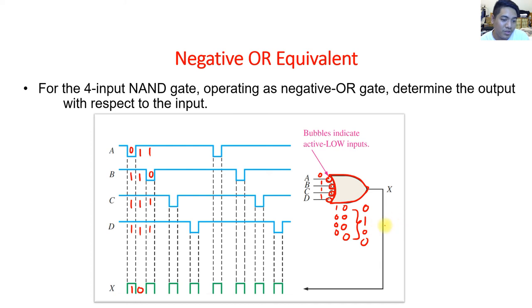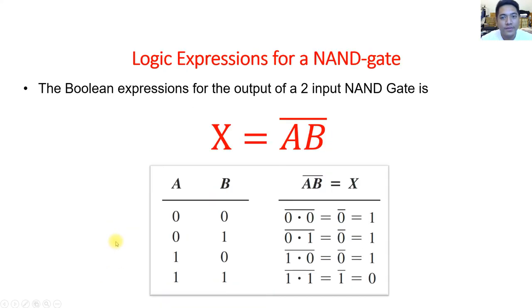At least one of the inputs is high, so if you OR it, it will still be 1. And so on and so forth, so that the NAND gate is equivalent to the negative OR gate. So these two are basically equal. So the logical expressions for the NAND gate are given as follows.